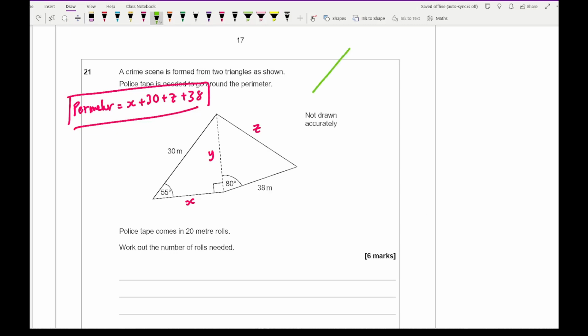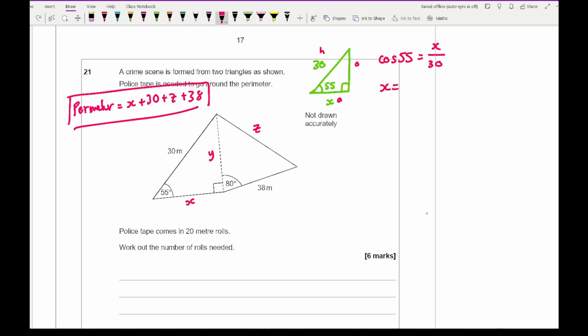So if I take this right angle triangle, and know what I know, so that's 30, this angle here is 55. So then working out x, this is A, that's H, that's O. So using cos, I get cos 55 equals x over 30.